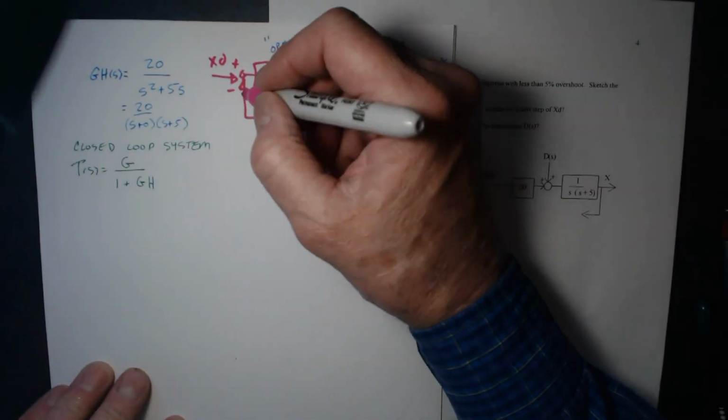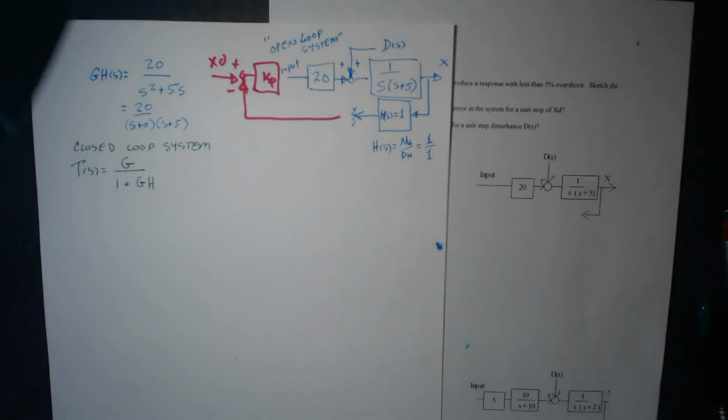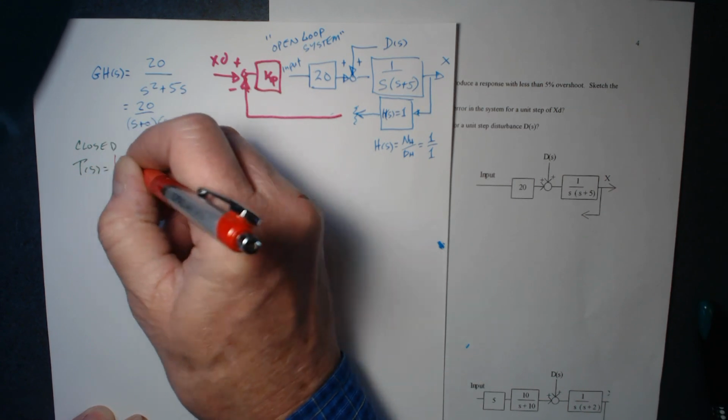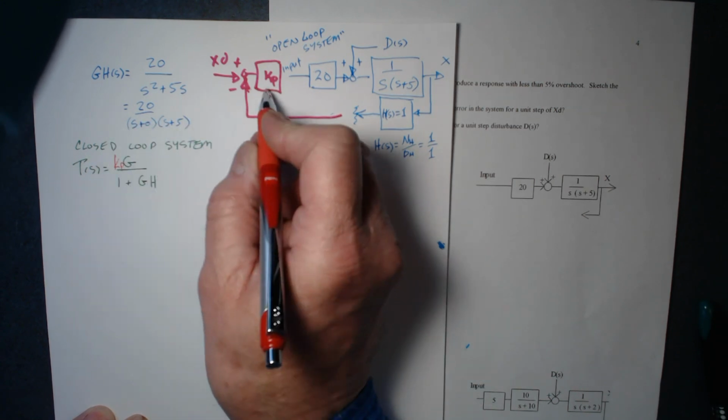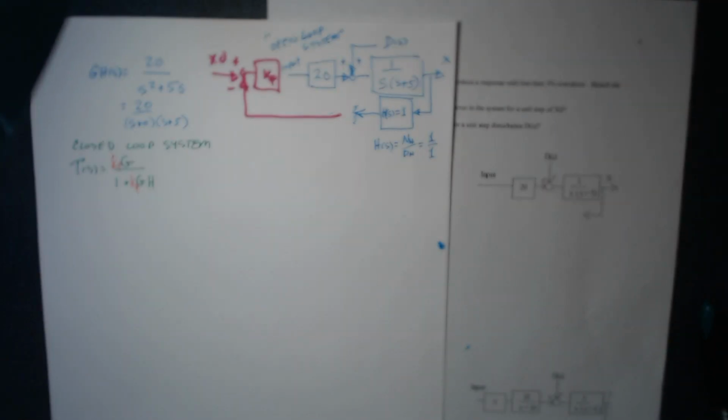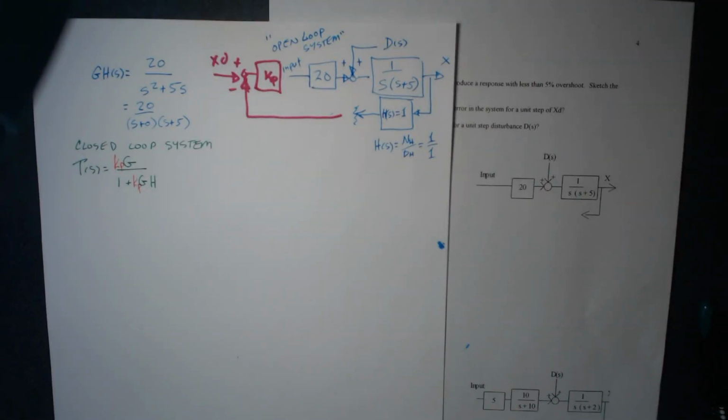That'll be fine. A lot of times this is ambiguous: can I just absorb the KP into G of S, or do I explicitly pronounce it that way? People do it different ways.